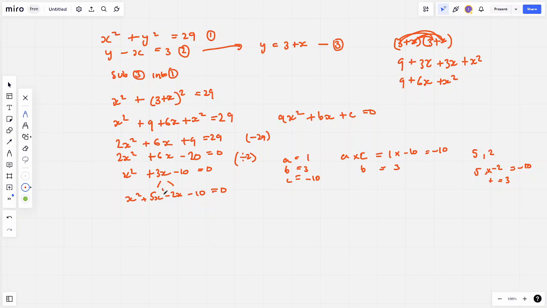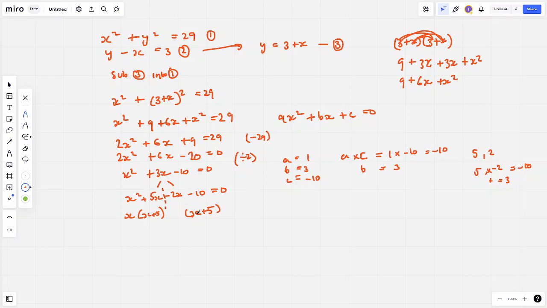We then split the first two parts and factorize what we can from here, so we've got a common factor of x, and then we get the x squared, we multiply by x. To get the 5x, we multiply by 5, and whatever is in this bracket must be the same as the other bracket. So we've got x plus 5, and on this side we've got minus 2x minus 10.